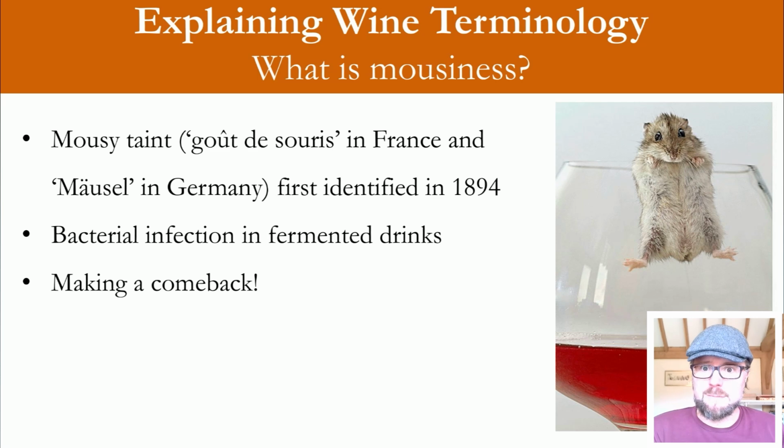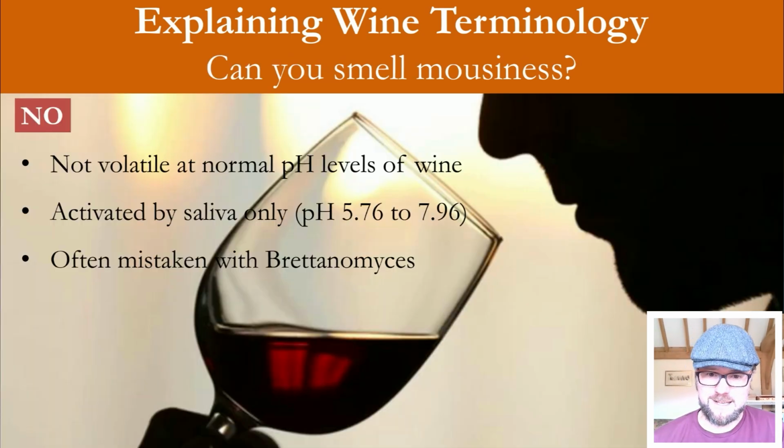So yes, it is back with a vengeance. Mousiness strikes back. We're starting to see it a little bit more. Please don't send complaints about that picture. It's a Photoshop, I'm pretty sure.